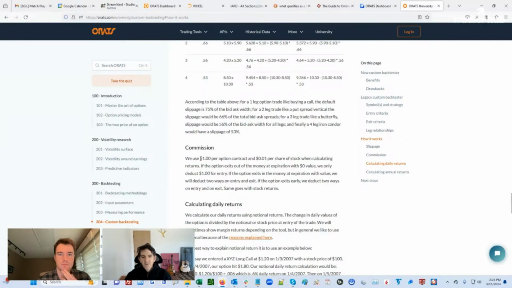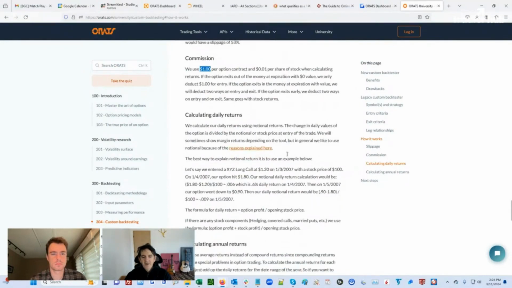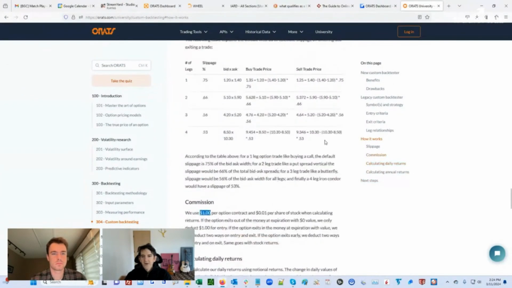Commissions, we're pretty conservative, a dollar per contract, and then we show how we calculate the daily returns, how we add those together and use those in our calculations. So yeah, good point, Tyler. There's a lot more information as you start digging deeper into the backtesting university class number 300.